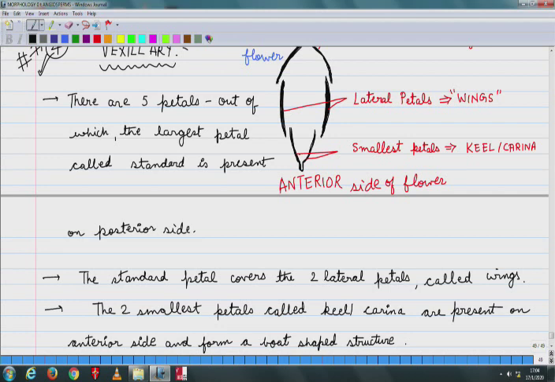So by this we have finished the estivation of petals or sepals. Estivation is a very important part, and out of which vexillary estivation is the most important part. That is why I've stressed so much on this.